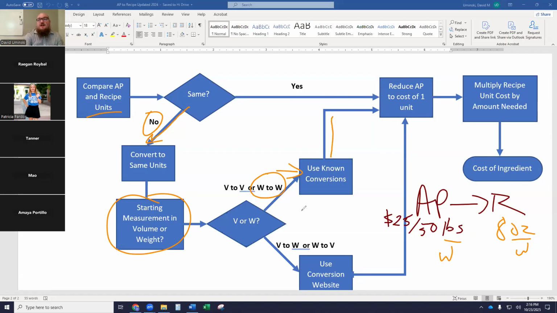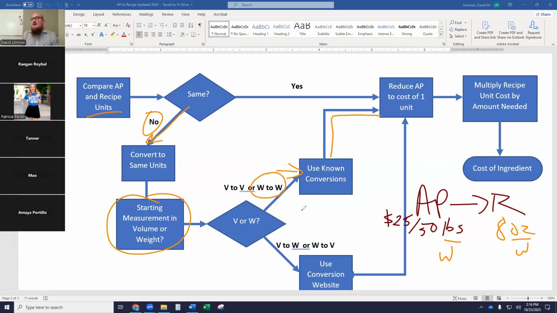Now I'm going to follow my arrow and reduce the AP to the cost of 1 unit. We've got a couple of different options here. I would love to be able to say, here is the step by step, and you follow this every single time, but I cannot do that because some things are going to change.